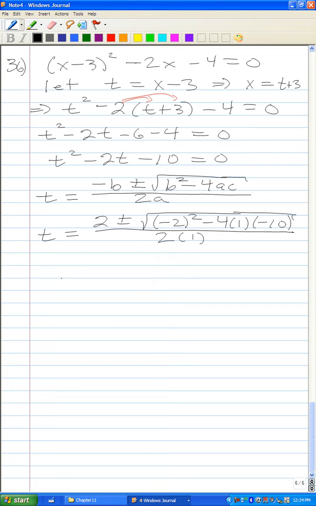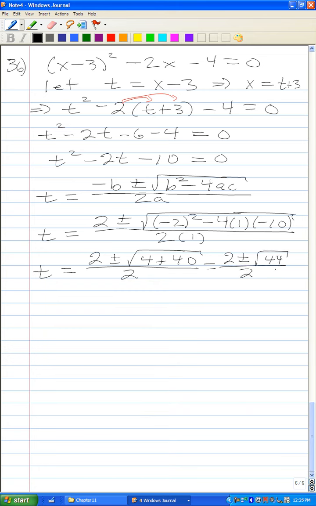So t is equal to 2 plus or minus the square root of negative 2 squared is 4. Negative 4 times 1 times negative 10 is plus 40, divided by 2. So this is equal to 2 plus or minus the square root of 4 plus 40 is 44, divided by 2.